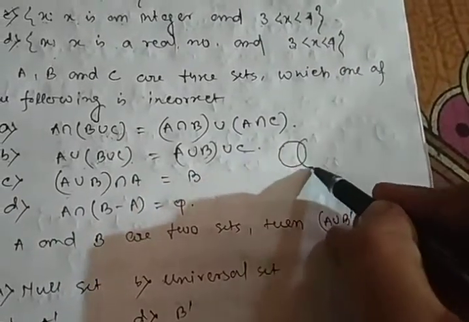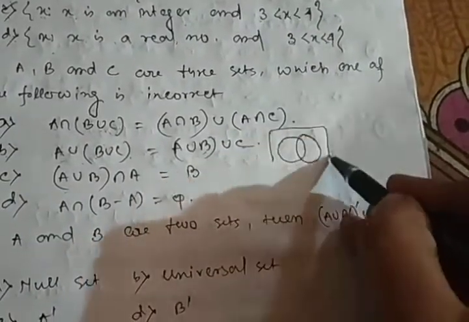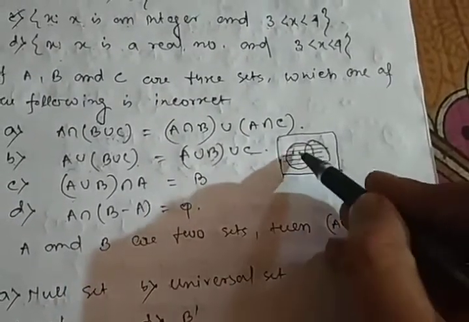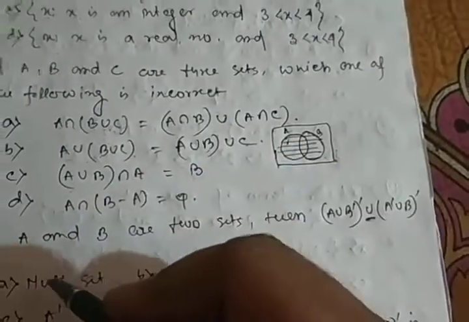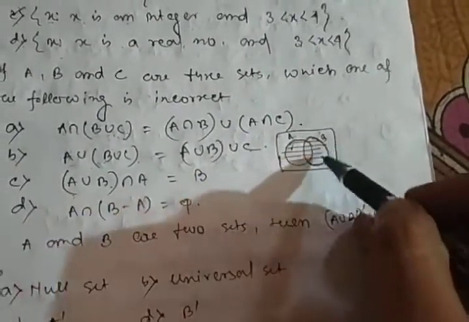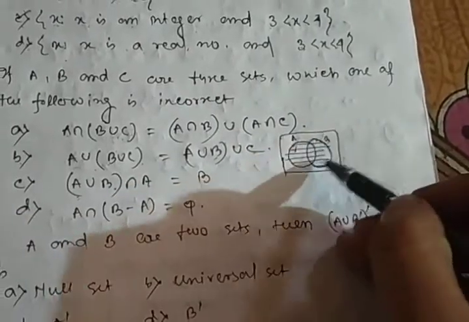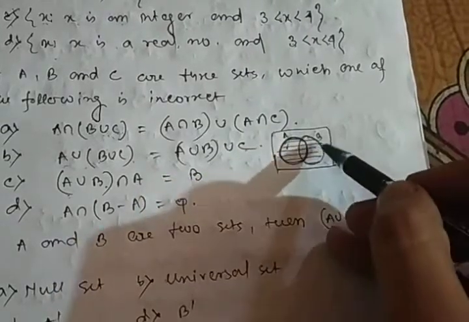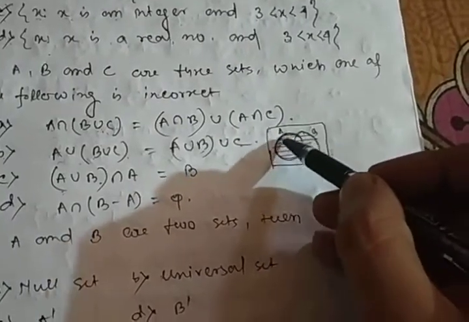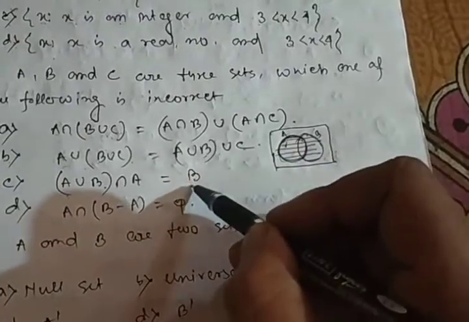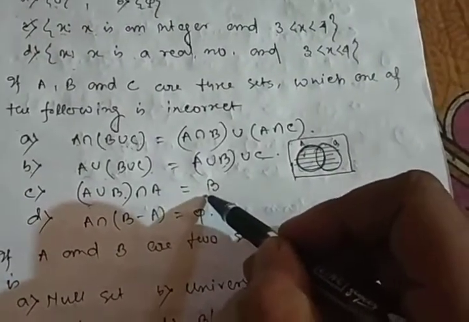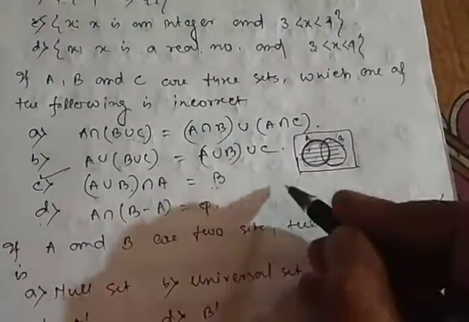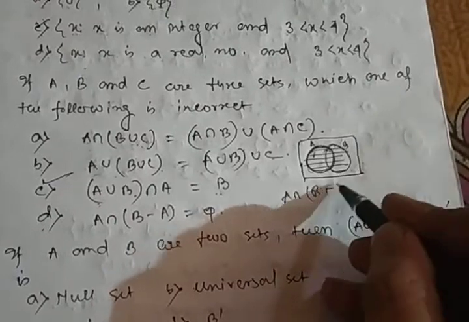We can see that A union B represents all the elements of the sets A and B. Now the intersection with A will be the common elements of A and of A union B, which is also A, but here B is given, so this is not a correct statement, so the answer will be C.